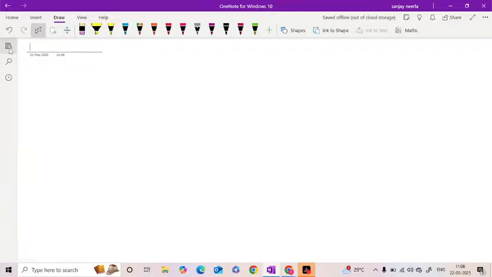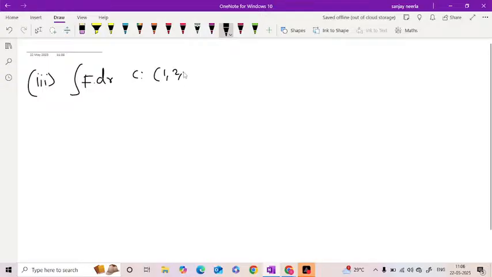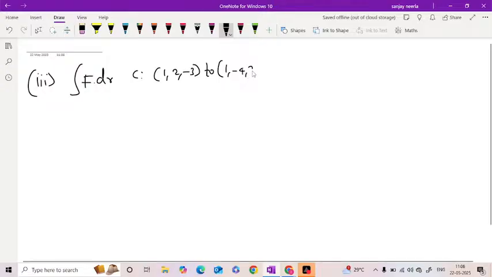Now come to the third sub question. The question is the line integral of f dr. The curve is from the point 1, 2, minus 3 to 1, minus 4, 7.